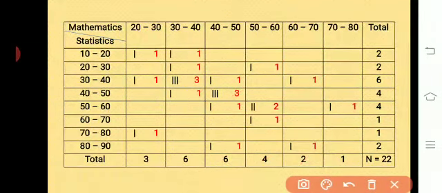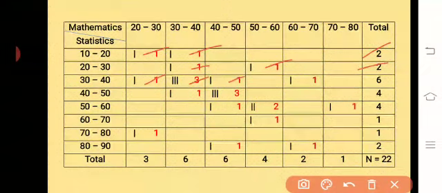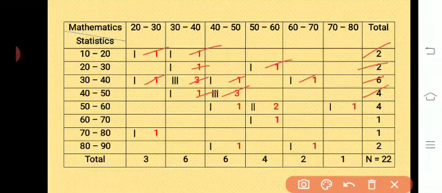Similarly, row wise frequencies we have to add. 1 plus 1 is 2. Here 1 plus 1 is 2. 1 plus 3 is 4 plus 1 is 5 plus 1 is 6. 3 plus 1 is 4. 1 plus 2 is 3 plus 1 is 4. This is 1, 1, and this is 1, 1. So here 1 plus 1 is 2.